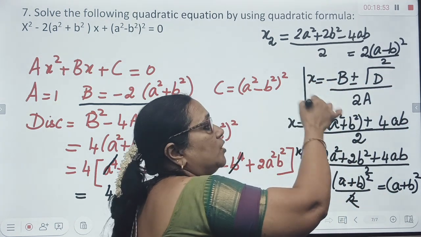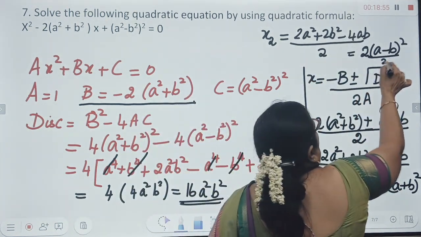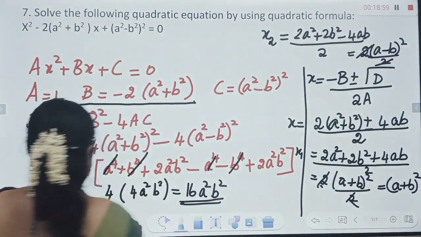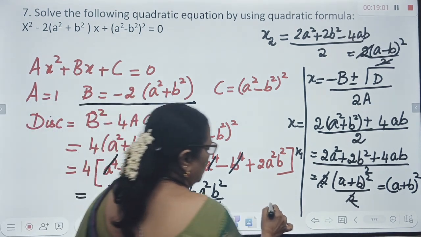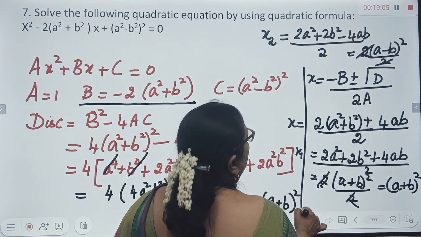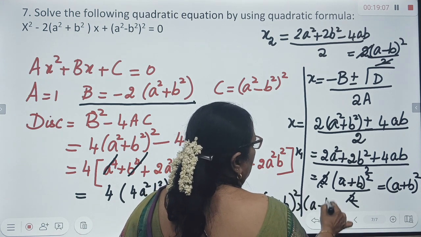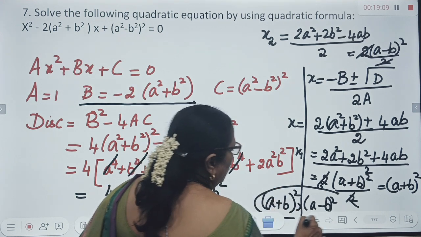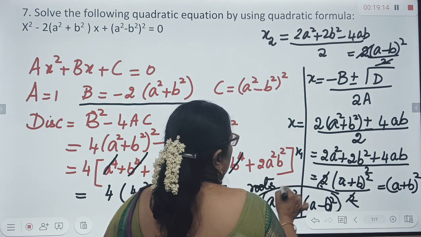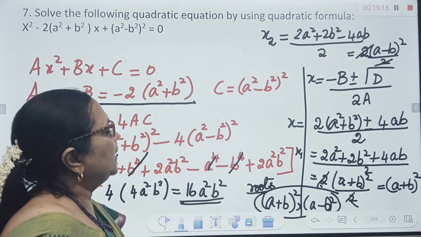Because a square plus b square minus 2ab. 2 gets cancelled. So the roots are therefore a plus b the whole square and a minus b the whole square are both the roots. So these are the roots of the quadratic equation.